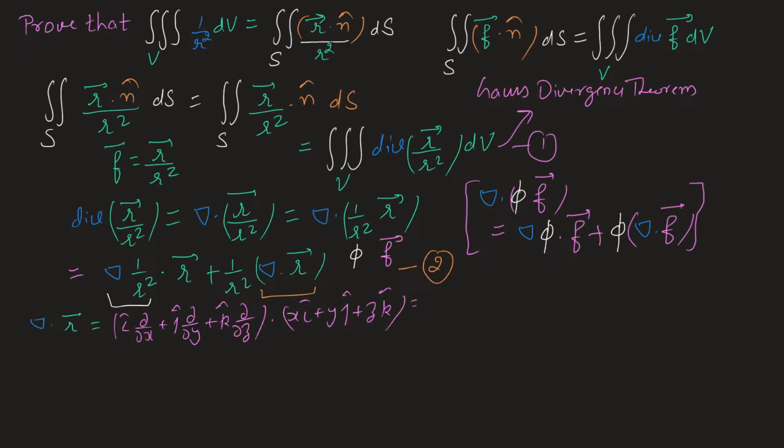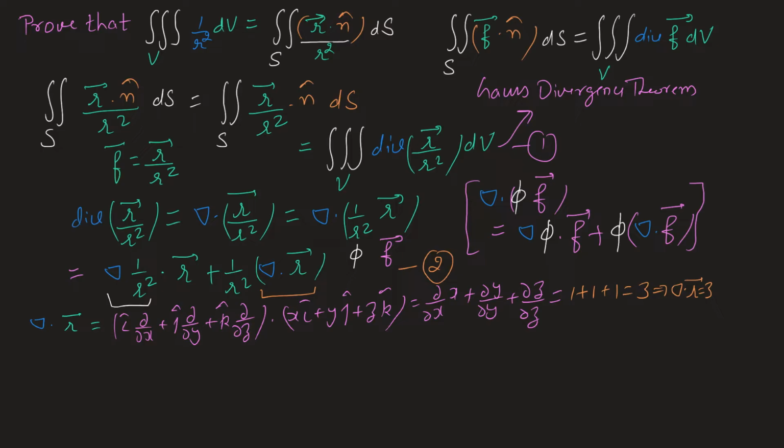This will be equal to curly x by curly x plus curly y by curly y plus curly z by curly z, which is 1 plus 1 plus 1 equal to 3. So del dot r is equal to 3, that is, the divergence of r is 3.